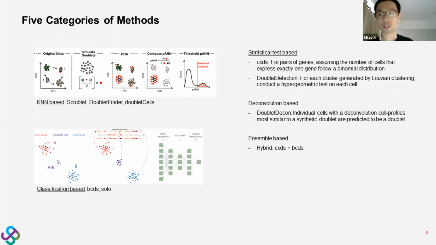And to quantify that similarity, we can just use a distance. Say you draw a circle around a cell, and you count how many simulated doublets are within that distance, and you calculate the rate, right? Say 80% of all my neighbors are simulated doublets. Then you say this 80% is your doublet score, right?